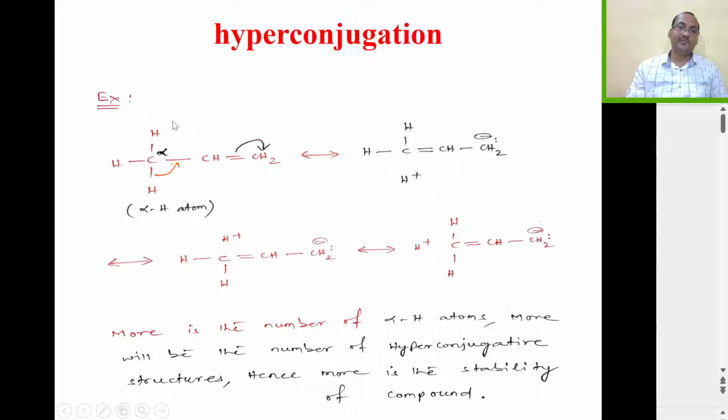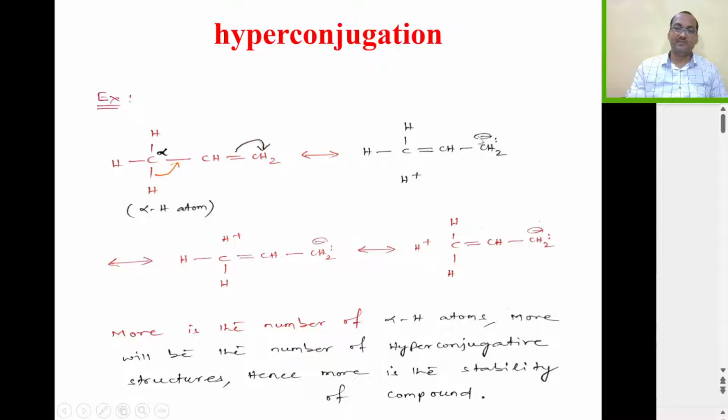If we take one example, that would be more clear. Here this is the carbon-carbon double bond, and it is connected to the carbon which is the alpha carbon atom, and the hydrogen attached to this carbon is the alpha hydrogen atom. What happens here? This alpha C-H bond will transfer its electrons to the C single bond C, and polarization of the carbon-carbon double bond takes place.